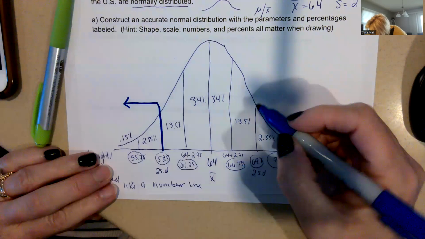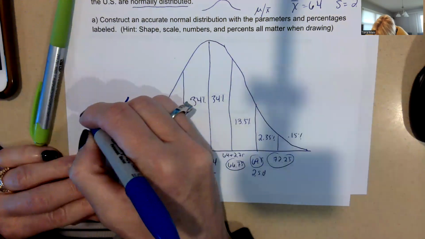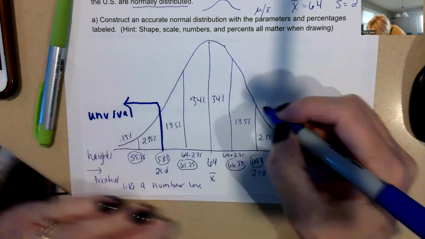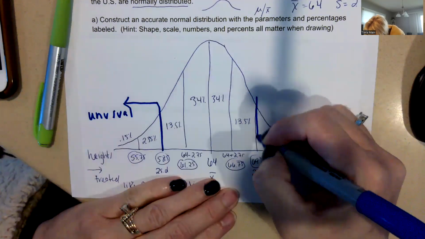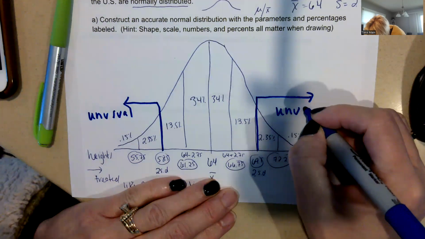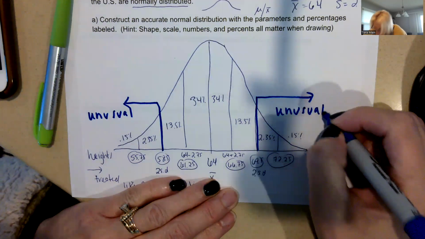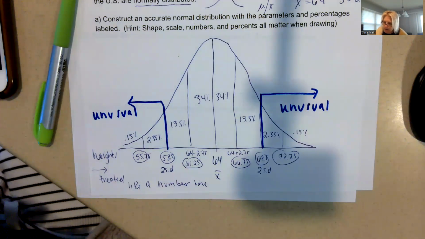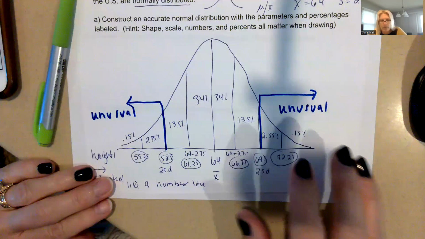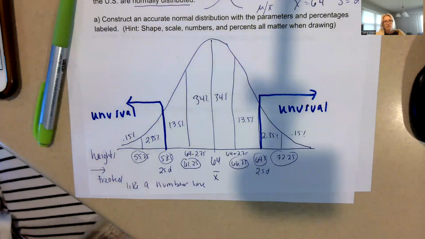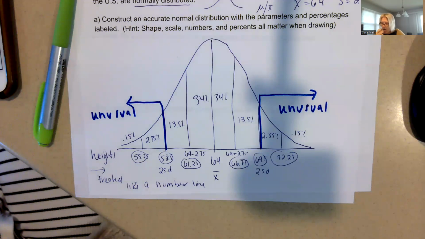So anything outside here would be unusual, and anything outside here is unusual. Okay, so it's important to be able to acknowledge that. Where is something unusual?